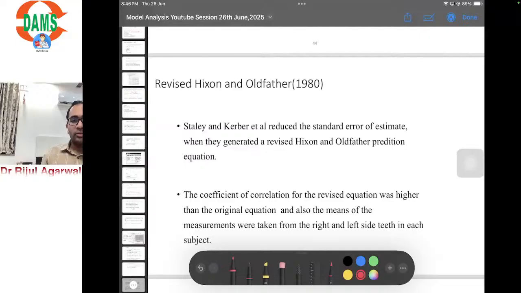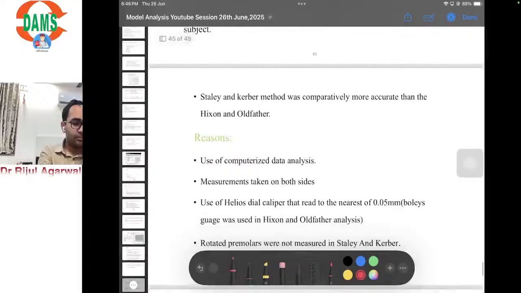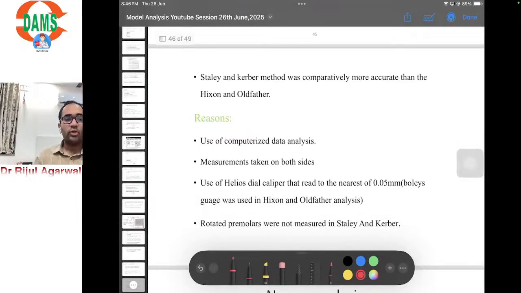What they did was modify this probability chart, using computerized data measurements from both sides. As I told you, in Moyers analysis the calipers taken were Boley's gauge. Here they use, just remember this name, Helios dial caliper.